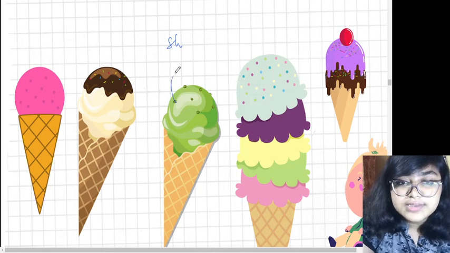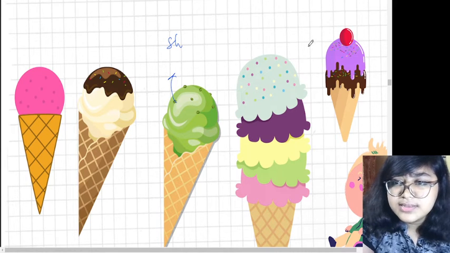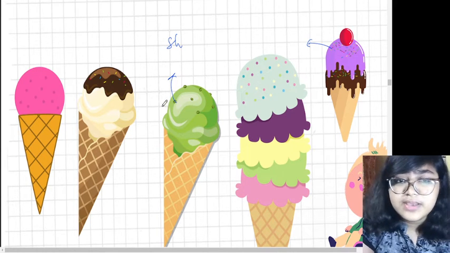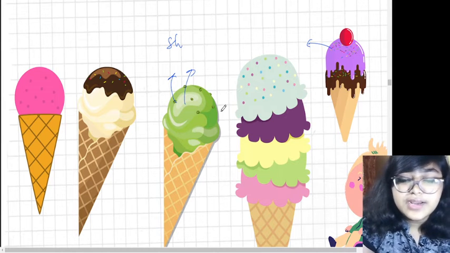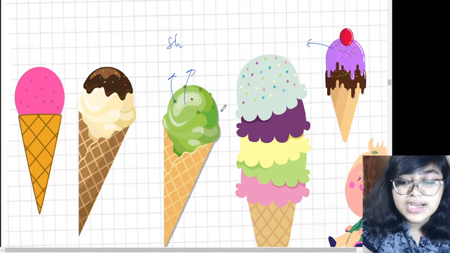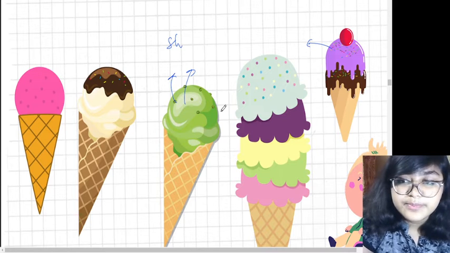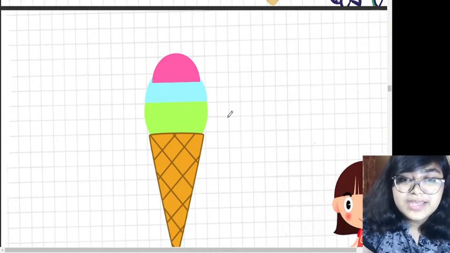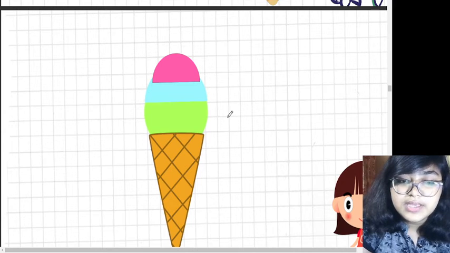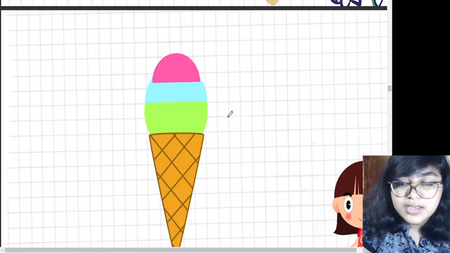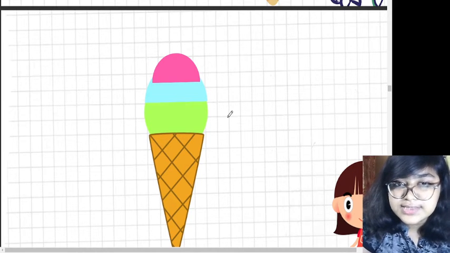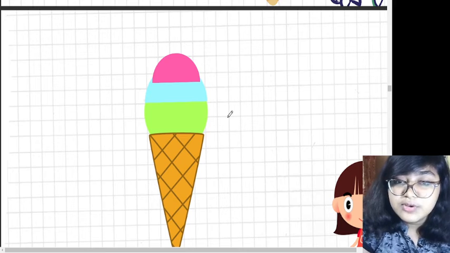Like, let's say this is a blueberry flavor, this is a guava flavor, or a mango flavor, right? There are a lot of flavors, but she doesn't know the names. So can we name the flavors? Can we call it a variable, because it is changing and not fixed, since we don't know the name of the flavors?